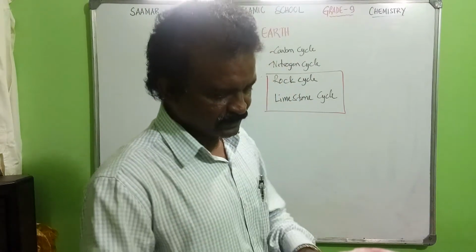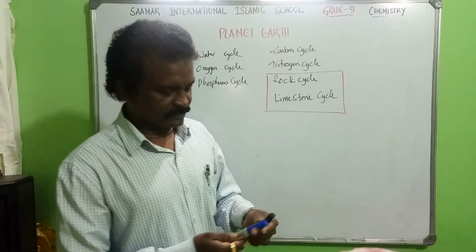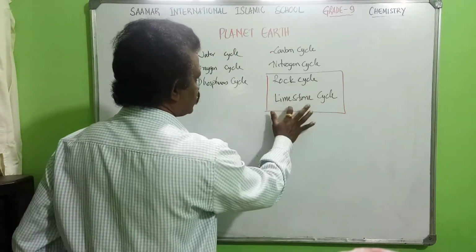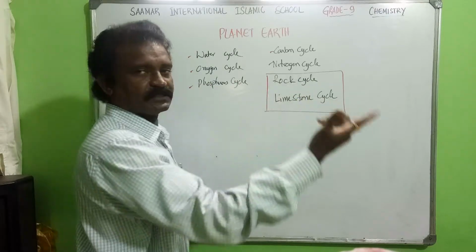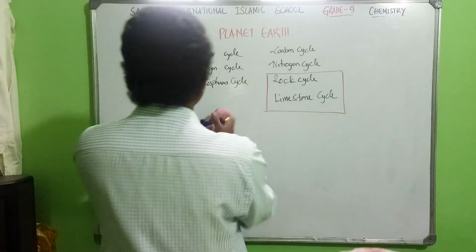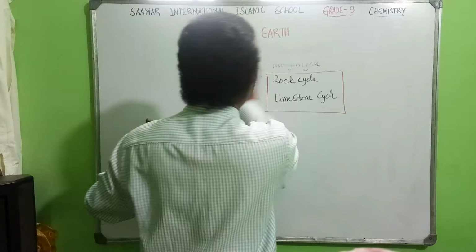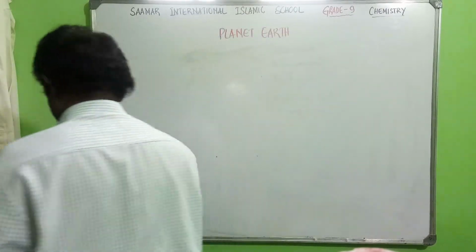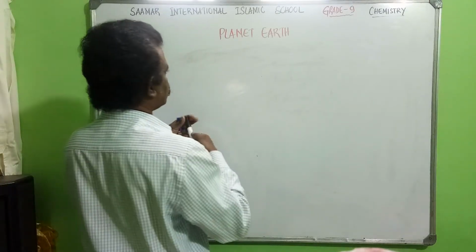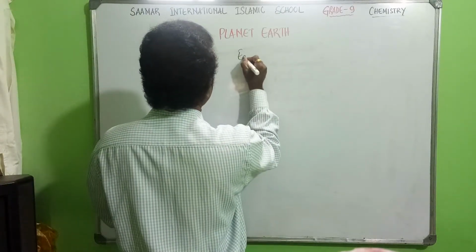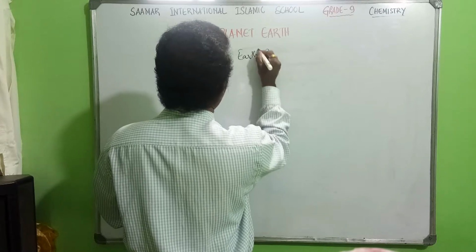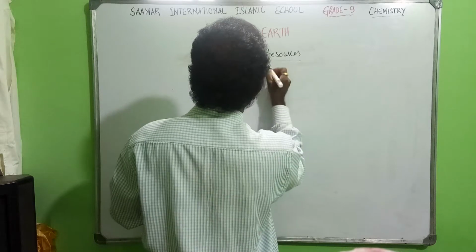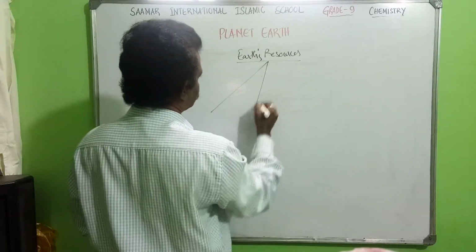Now what is earth resource? Among this we are learning these two. These two I will be teaching you next class. Okay, now let us learn what is earth's resource. In this we have three types.